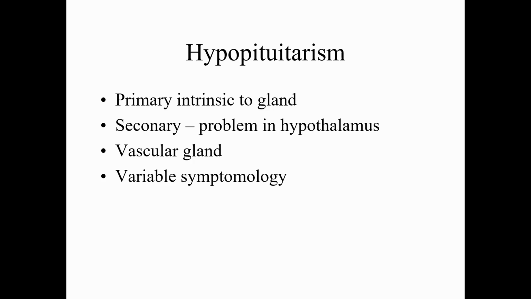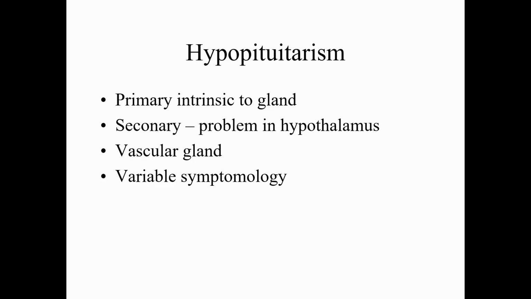That would be a primary problem. So perhaps there's a tumor, and that tumor is growing and compressing healthy cells. And now those healthy cells are unable to produce their secretory product, and that manifests as hypopituitarism.